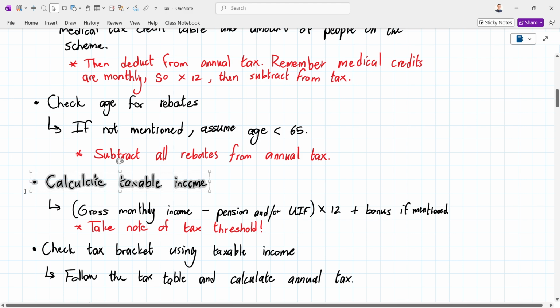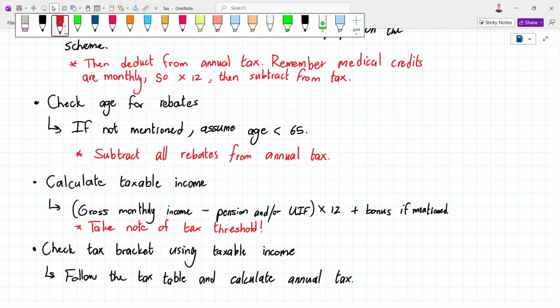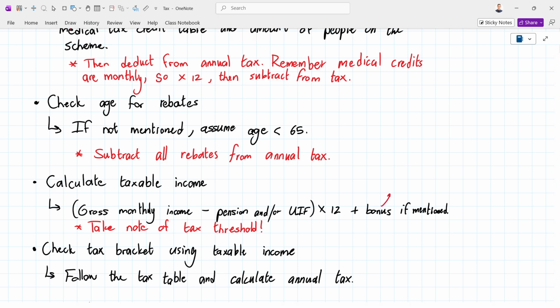We always need to know how much of your actual income yearly can you be taxed on, which is your gross monthly income minus your pension or UIF or both times 12, and then bonus if mentioned. So bonus would be, actually sometimes I call this your 13th check.